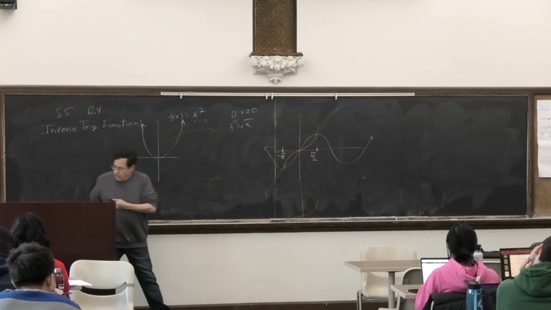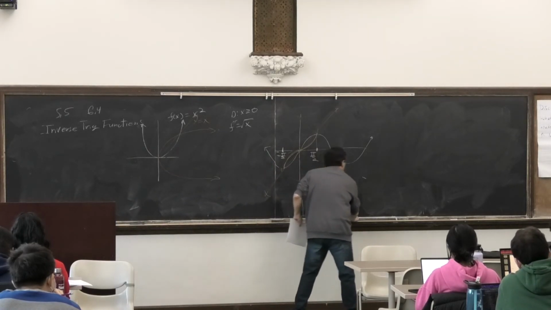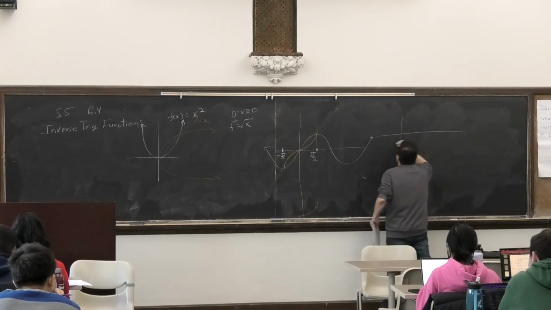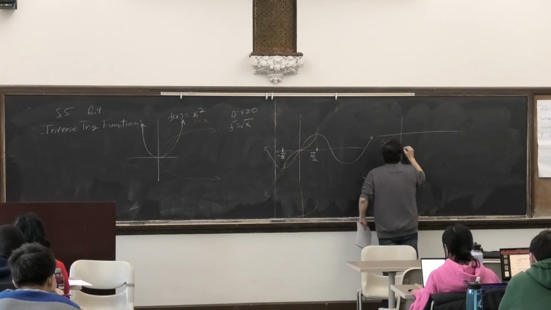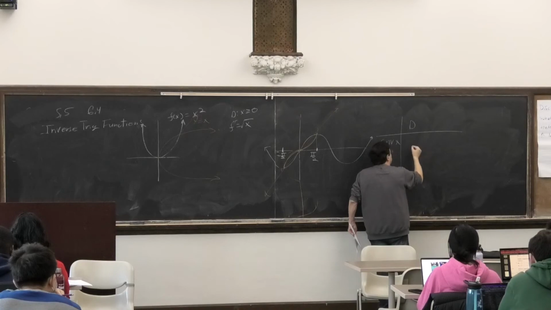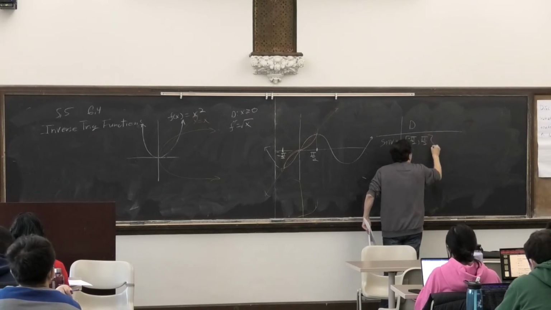Okay, so let's think about this. The sine function, sine of x, domain, well, it was all real numbers, but now we're just going to use negative pi over 2 to pi over 2.